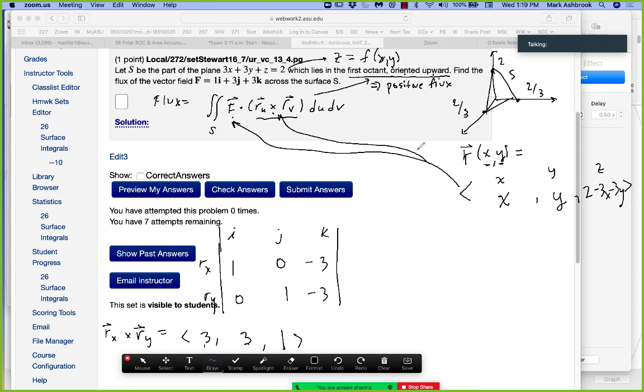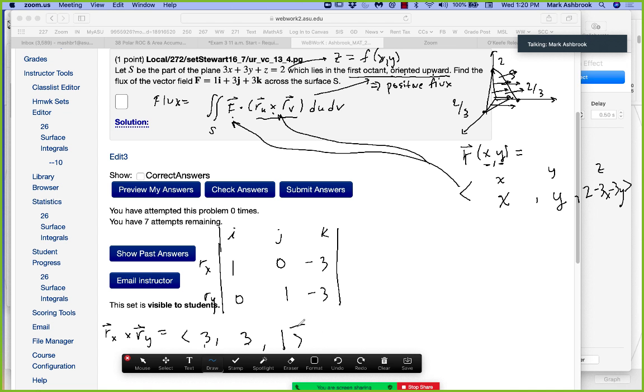Yeah. What is it about these vectors that tells us we have upward orientation? So 3, 3, 1 would be, all the vectors would be like this. And it's a plane, so it makes sense that they should all be the same vector. Is it the positive z component?